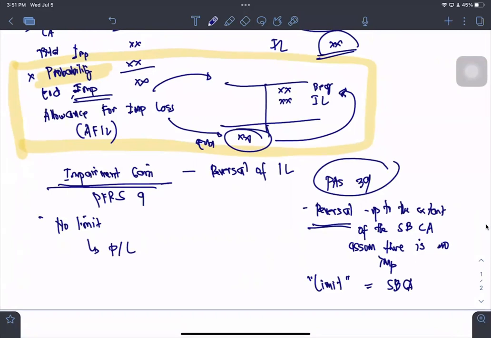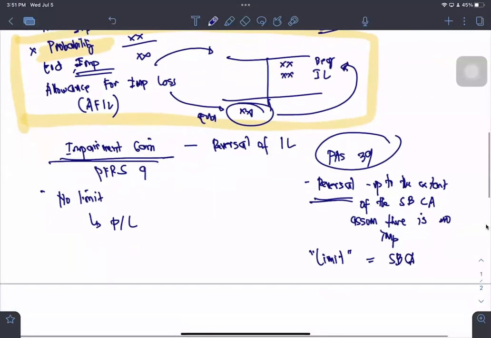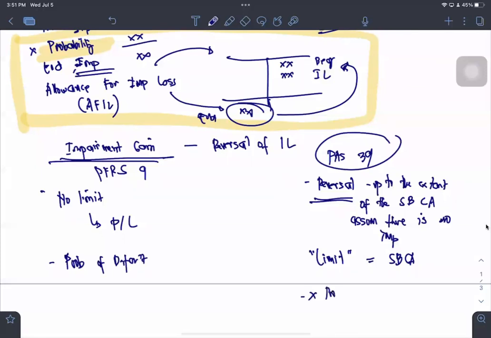Take note of this, guys, that under your PFRS 9, there is no limit of reversal, while under PAS 39, there is a limit. And when will we use PFRS 9 again? If there is a probability of default. And when will we use your PAS 39? If there's no probability of default.